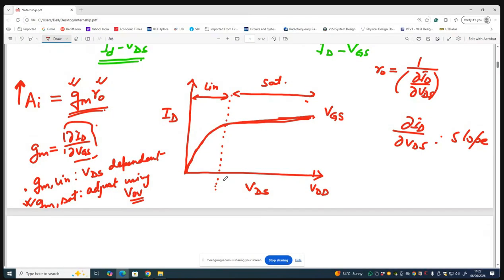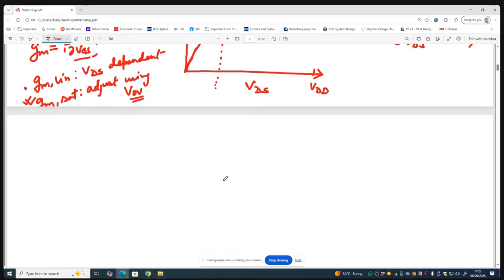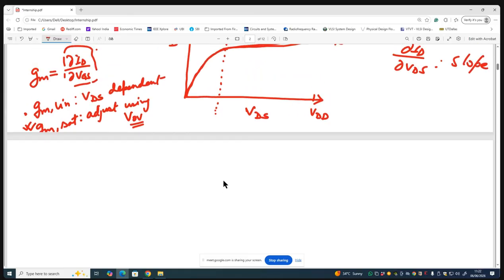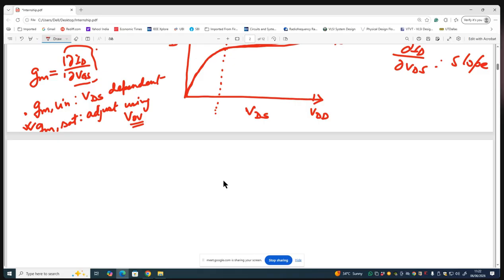So from this discussion, we can conclude. Sir, what's the problem with the VDS dependent GM in the linear region? Can you recall, when you design an amplifier, at which terminal you take the output from? At the drain.